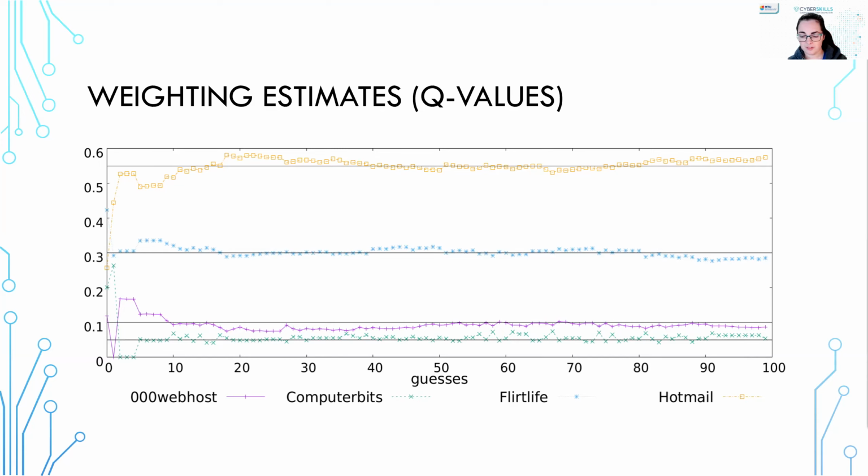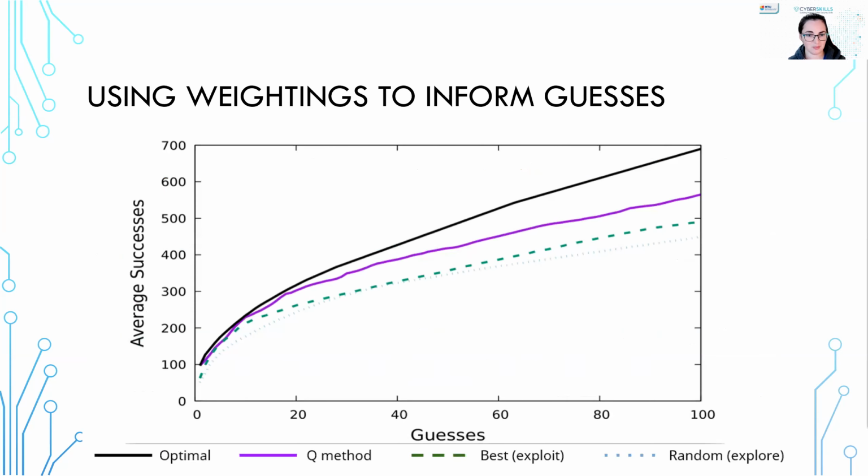So once it was able to estimate the weightings, we then want to use the weightings to inform guesses. What I'm showing here are the 3 different methods we mentioned before: the Q method, just picking from the best weighted dictionary, and just randomly choosing a dictionary to guess from. And then the black line is the optimal method.